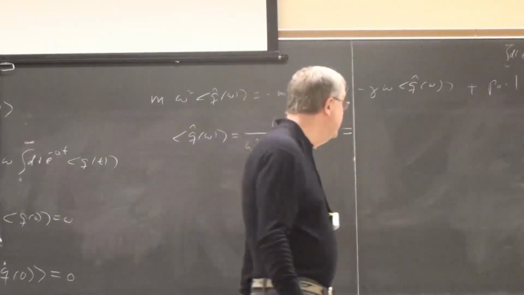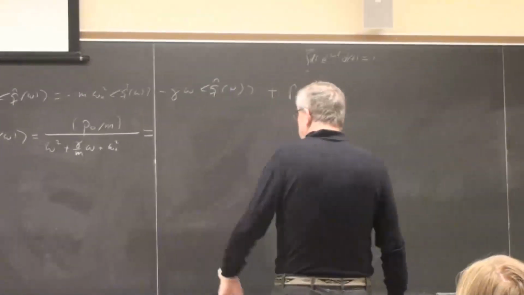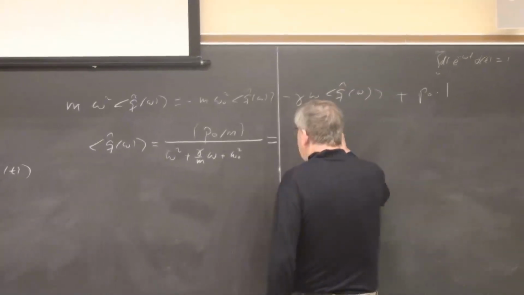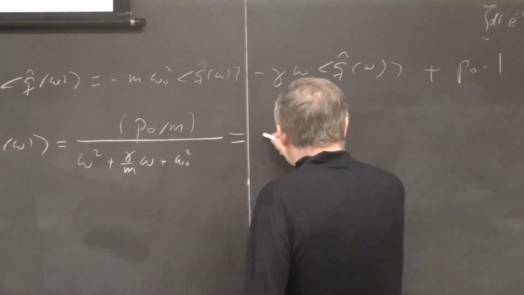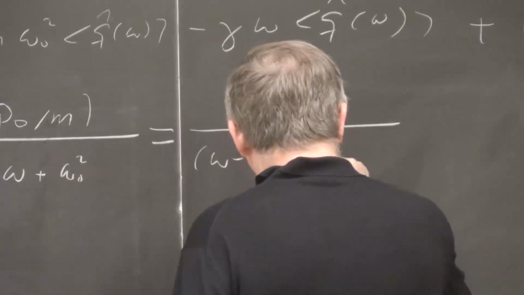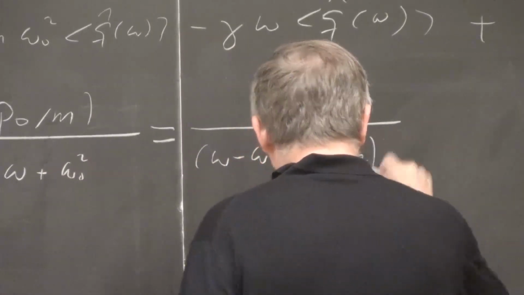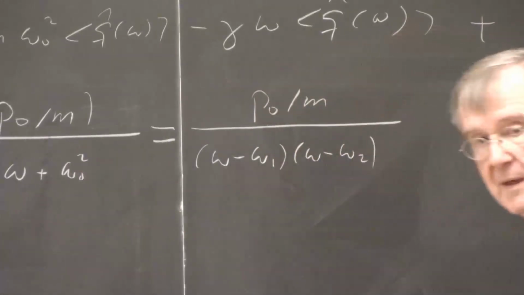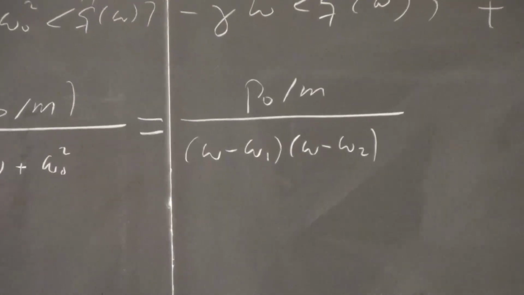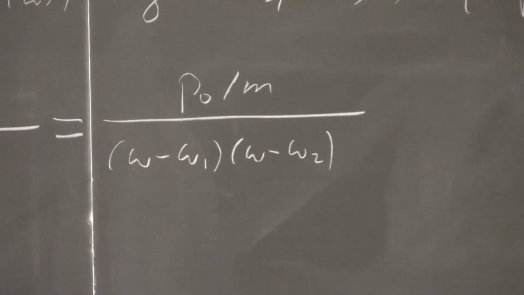And when we apply it here, then he showed that we can write this one, but this holds for any polynomial, as P0 over m divided by omega minus omega 1 times omega minus omega 2. So any polynomial can be written as a product of omega minus the zeros of the polynomial.